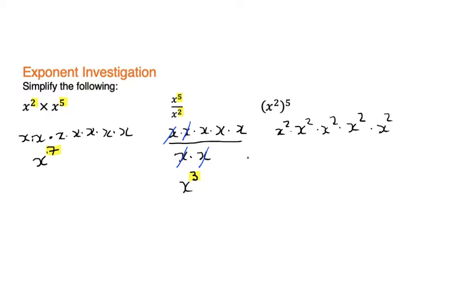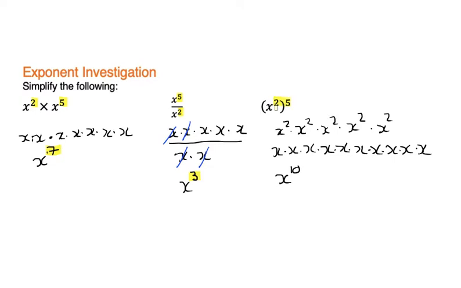And we know that each of these is going to yield 10 x's in total, right? That's what this is fully expanded. Writing it in more condensed terms, I can say that what I have here is x to the power of 10.